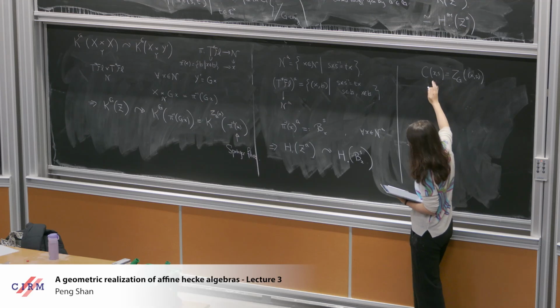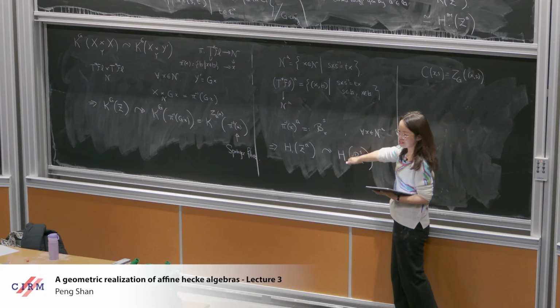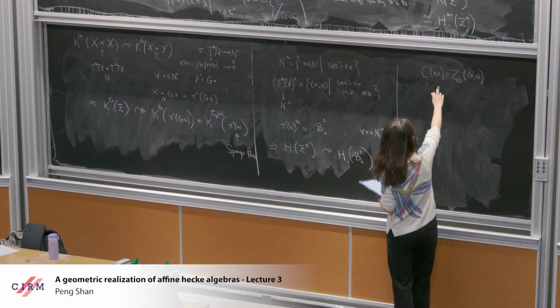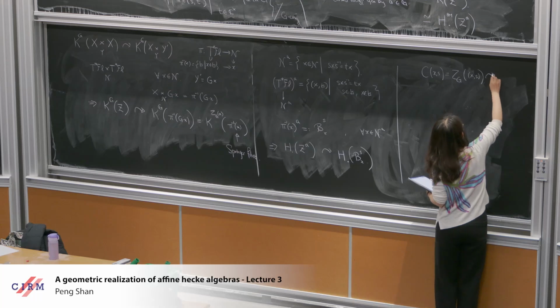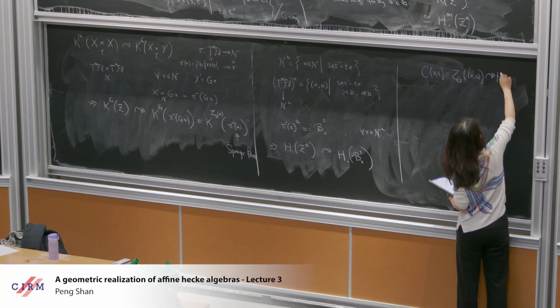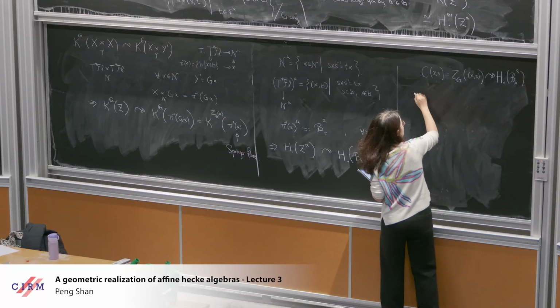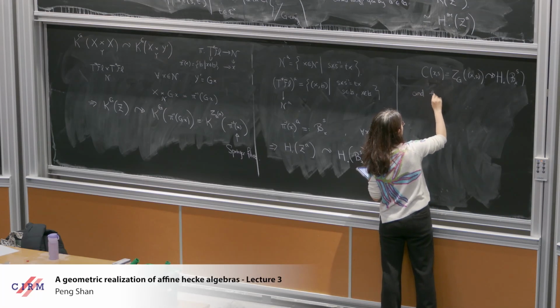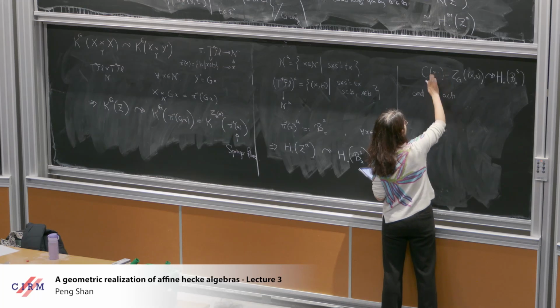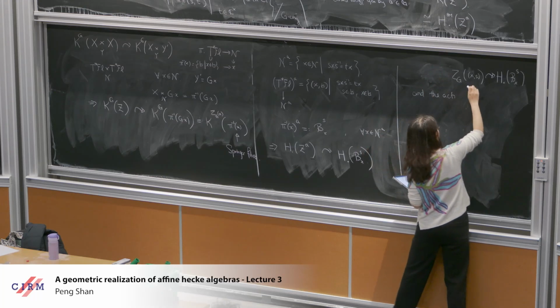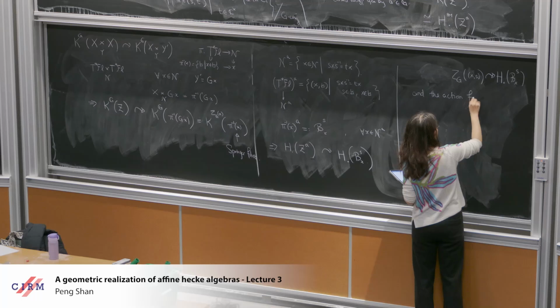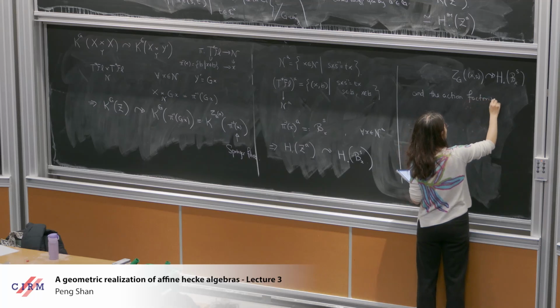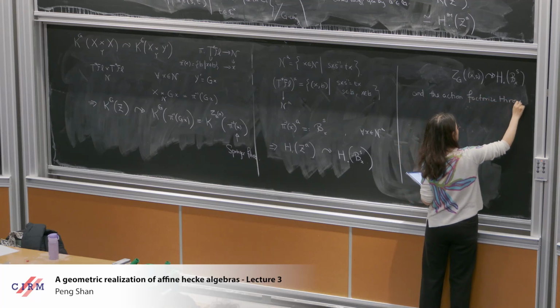And then the claim is that, first of all, when you have a continuous group action on some cohomology theory, then the connected part acts trivially. So this centralizer acts on H of B_X^S, and the action factorizes through the component group.